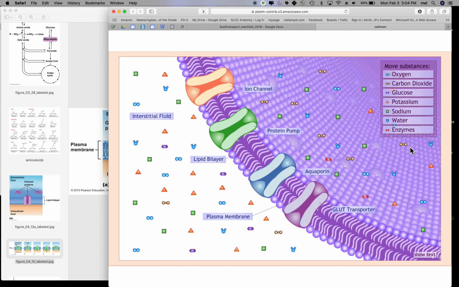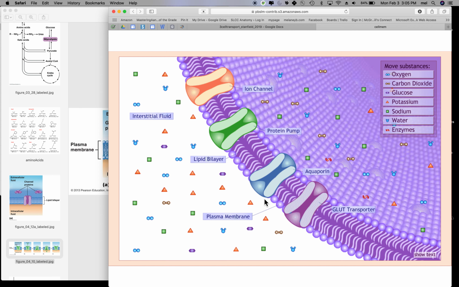So in order of how quick these are, straight diffusion is the fastest. Diffusion through an ion channel is the second fastest. This is called facilitated diffusion when it goes through a carrier. That's the third fastest. Then we get into the ones that actually cost ATP. This one's a pump.